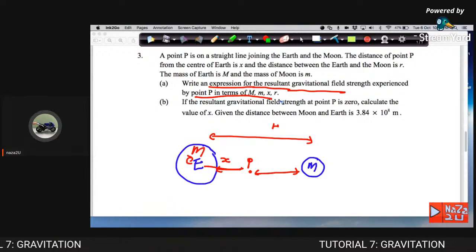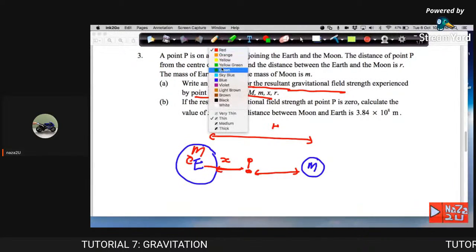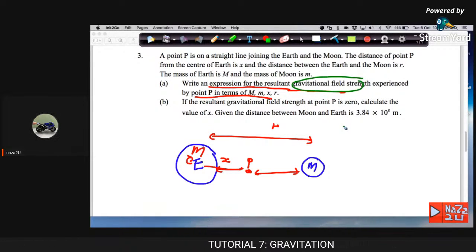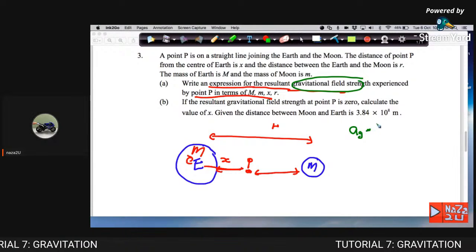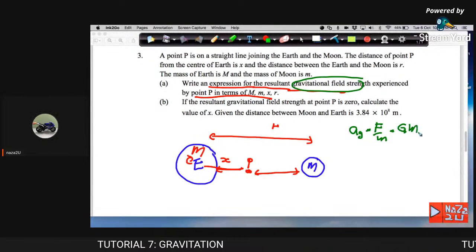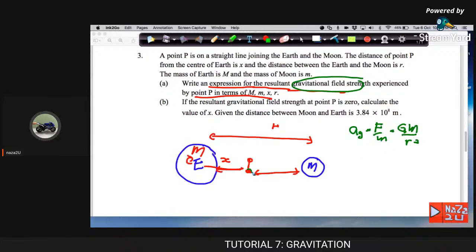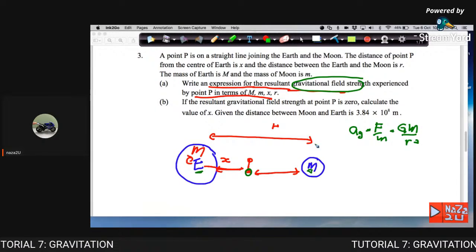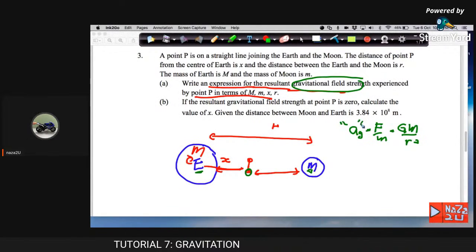Okay, so because of the point P here, is the gravitational field strength. Okay, kita dah bincang tadi, AG is equal to F over m, or we can use GM over R square. So the point P here is influenced by the Earth and influenced by the Moon for the gravitational field strength. And gravitational field strength is a vector quantity.